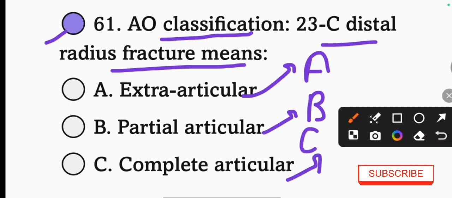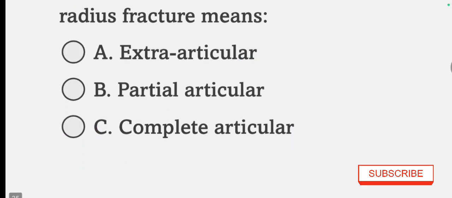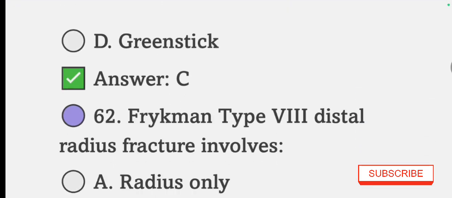So the question asking 23C distal radius fracture is actually complete articular. C option given is the correct option. 23C equals a fracture line under the joint plus metaphysis separate from the diaphysis, so it is complete articular. C option given is the correct option.